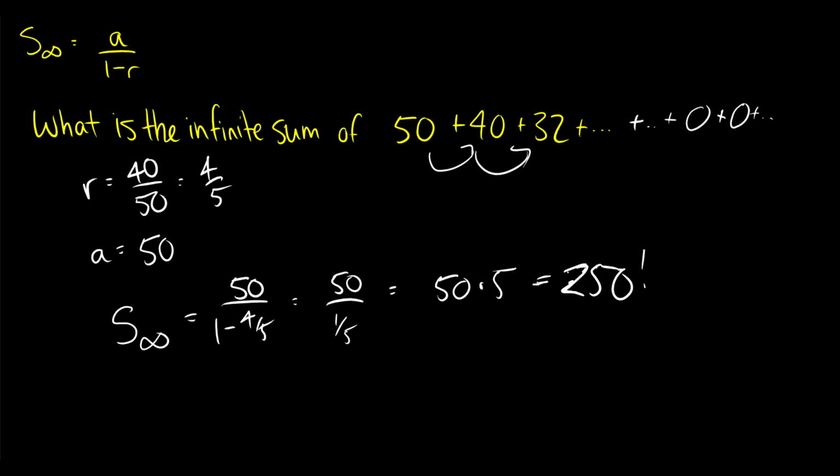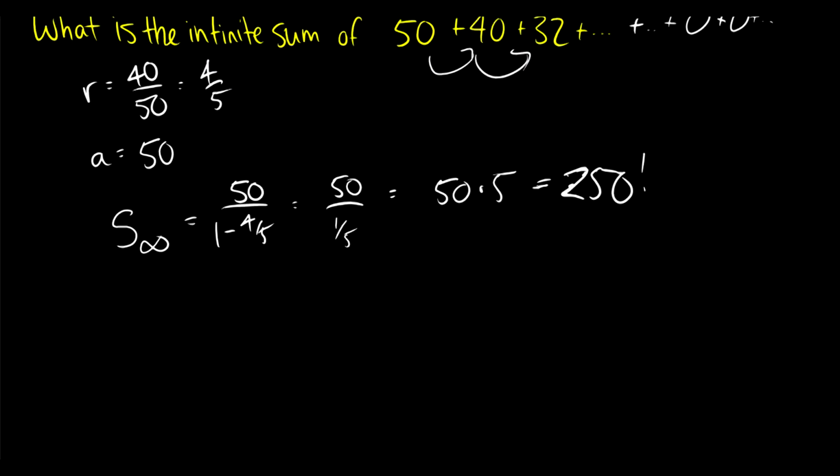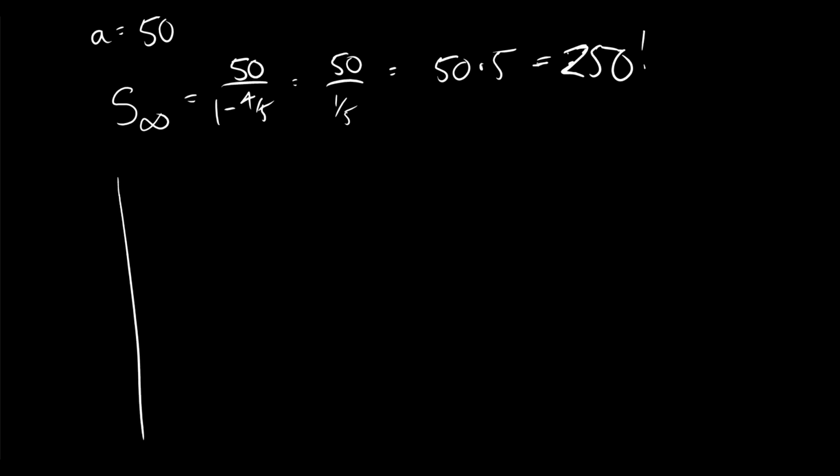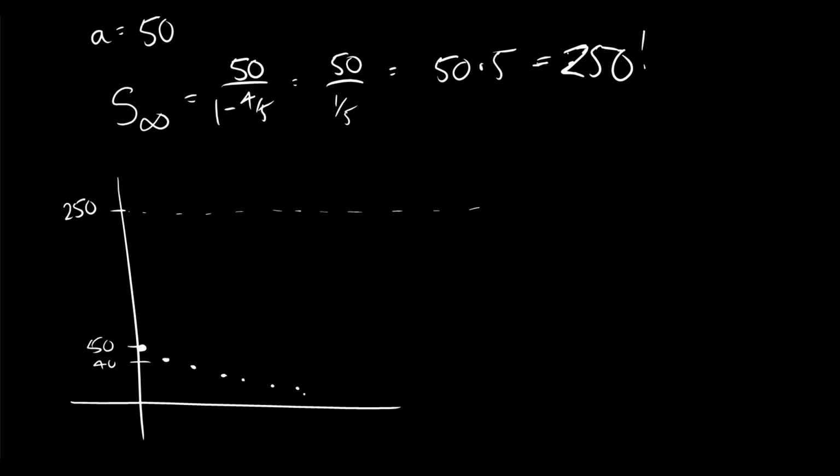And what's really cool is with these, you can actually graph them pretty nicely. So with a series like this, we have an asymptote here, and it never quite reaches it. But we start at, say, 50. And then we go down to 40. So the sequence looks kind of like this, and we can see that the sequence keeps getting smaller and smaller.